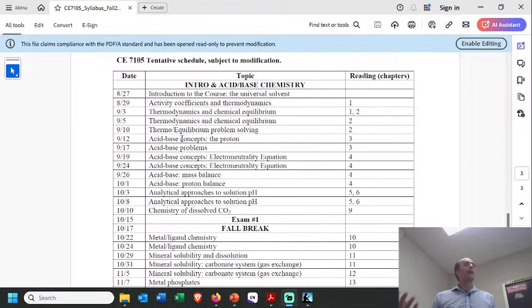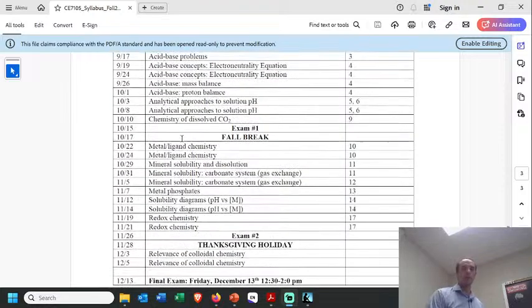Of course, then we might add an acid or a base, and then it's all working together in a more complicated system. So we're going to cover a fair bit of that, and talk about the electroneutrality equation, how that helps us understand systems, especially in geochemistry kind of stuff.